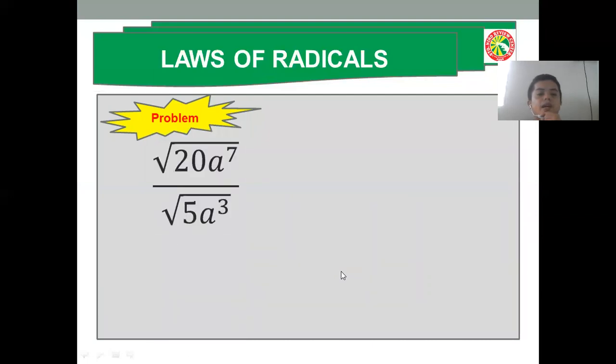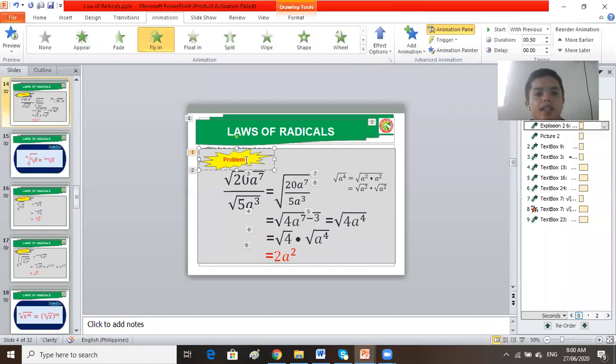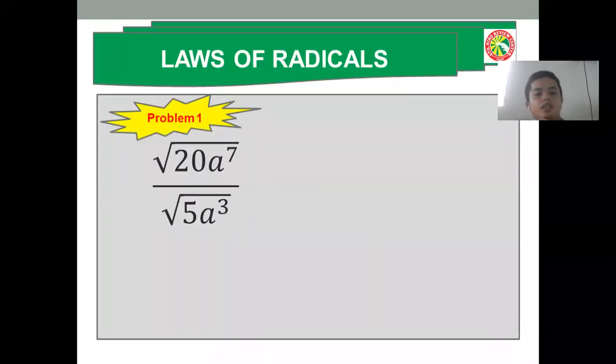For problem number 1, this is my problem number 1. The square root of 20a^7 over the square root of 5a cubed.